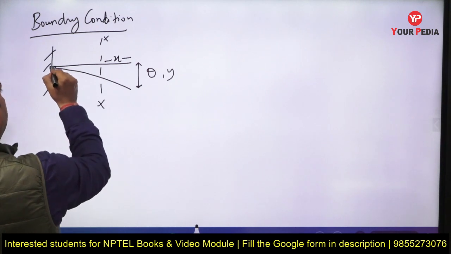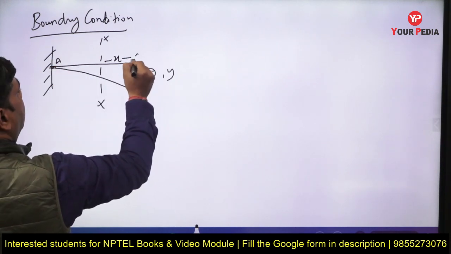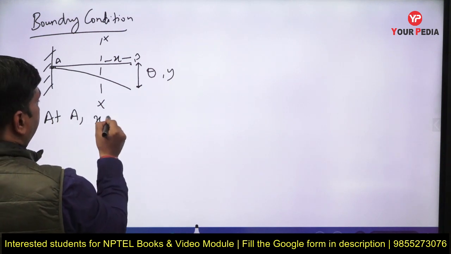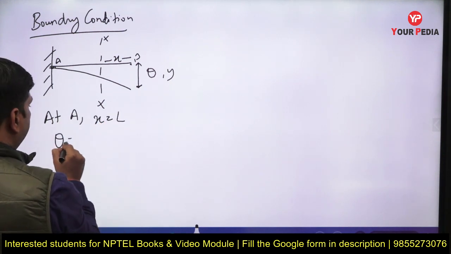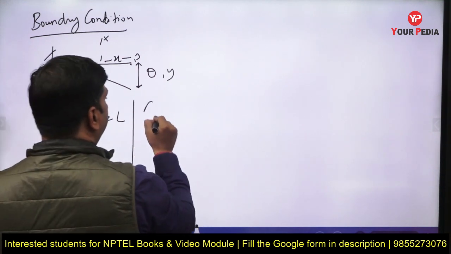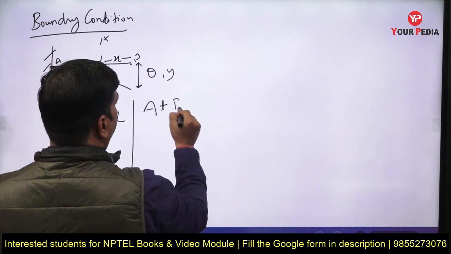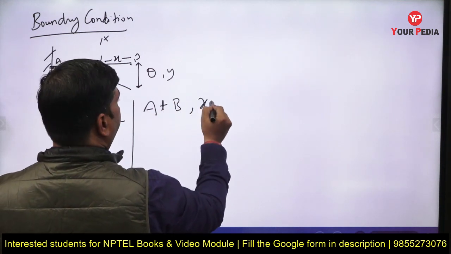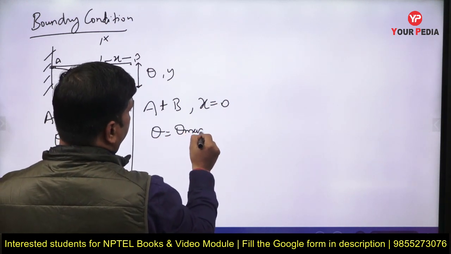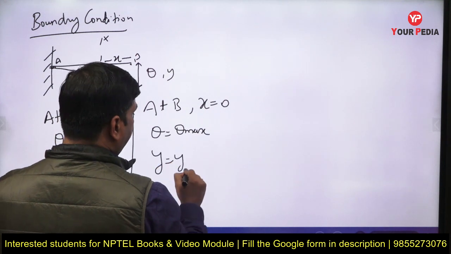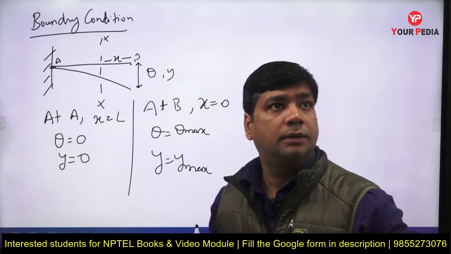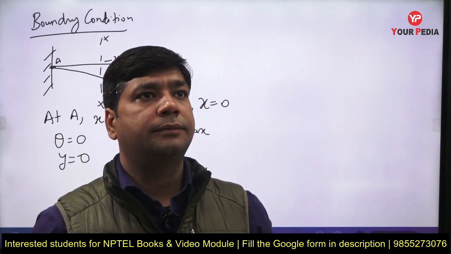So this is point A and this is point B. At A, what is the value of x? x equals L, theta equals 0 and deflection equals 0. At B, what will happen? The value of x will be 0. Now theta equals theta max and deflection equals deflection max. Okay, now I am going to use the boundary conditions.